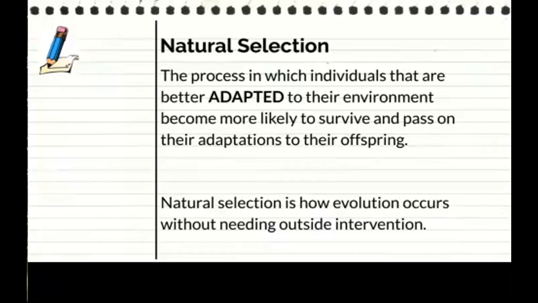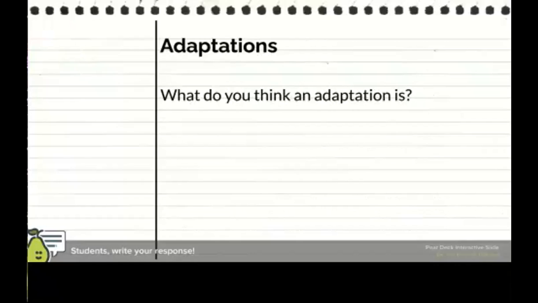Okay, so on the Pear Deck, what do you think an adaptation is? What does that mean to be adapted or have an adaptation? Again, we talked about the different bunnies and the bugs. Some of them were better adapted, they had a better adaptation than the others.